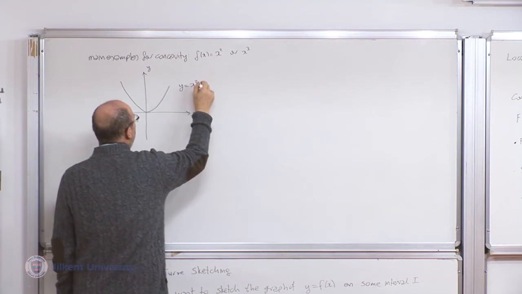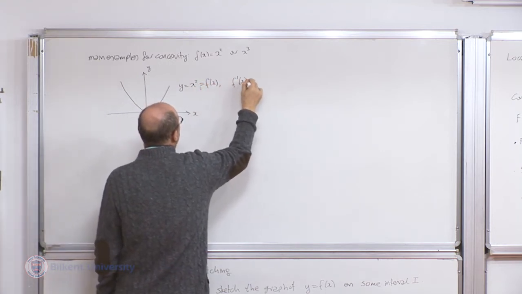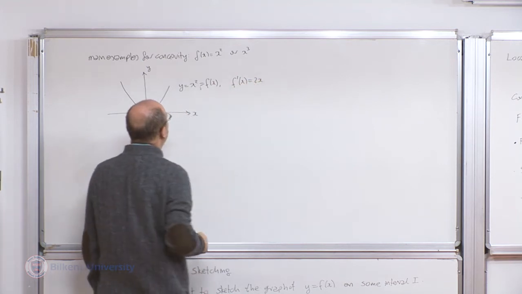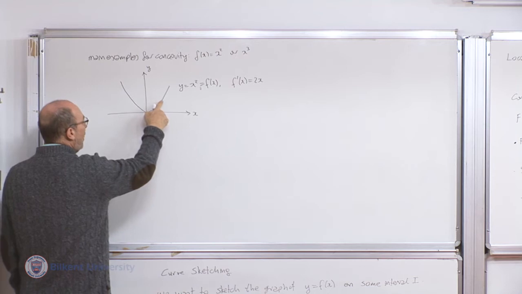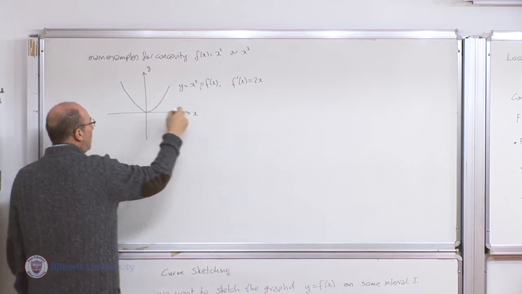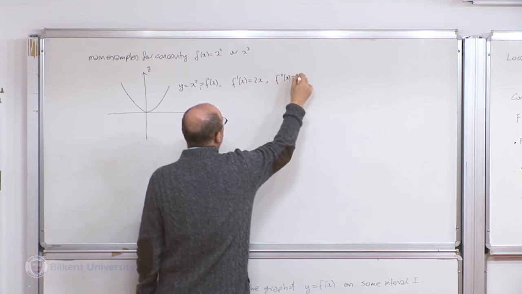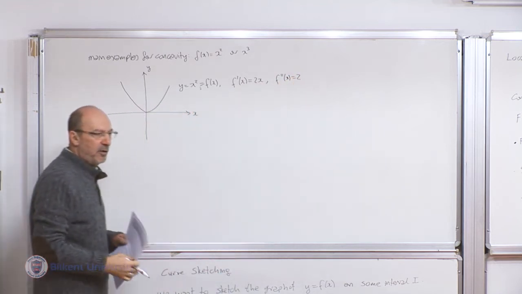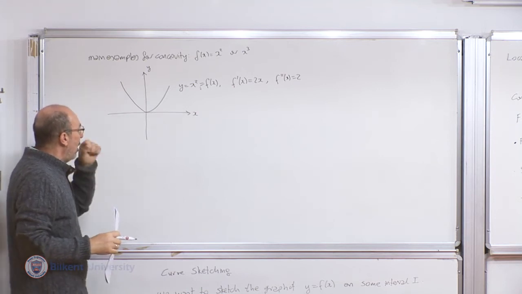Okay, so this is my function. So f prime x is equal to 2x. You see here, f prime is negative. Here, f prime is positive, decreasing, increasing. And f double prime x is equal to 2, which is always positive. So that tells us that it's always concave up.